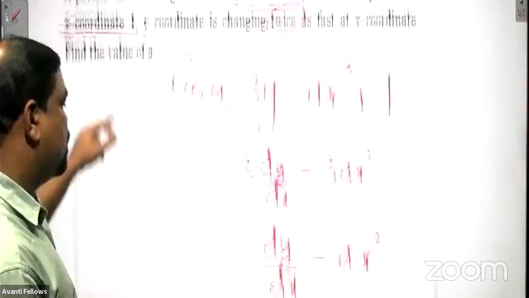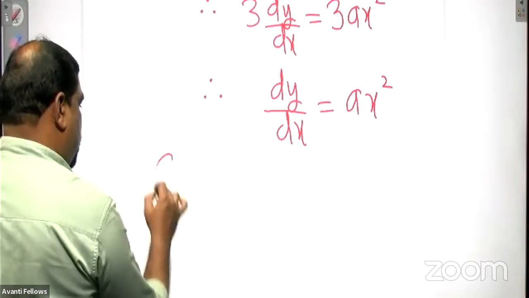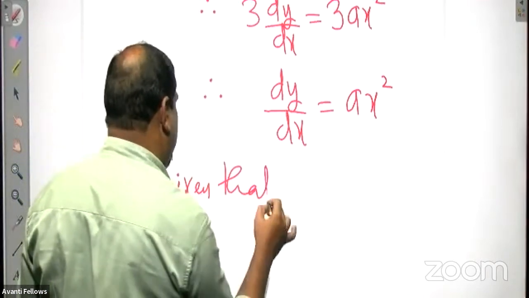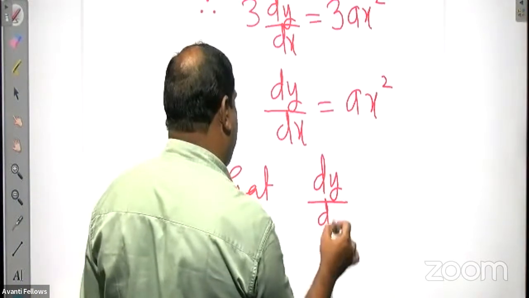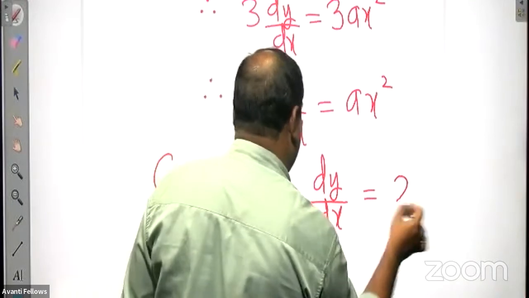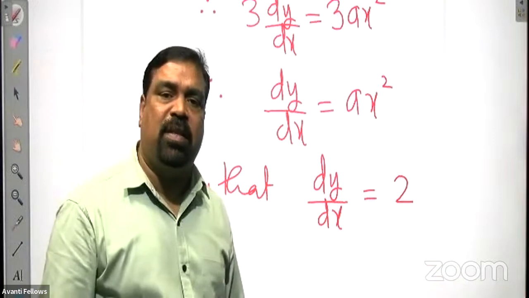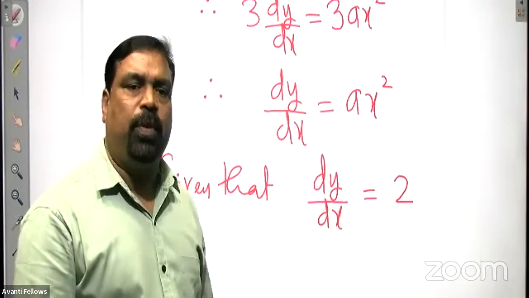So what is the meaning of that? Indirectly, it is given that the rate of change of y with respect to x is 2, meaning the value of dy by dx is equal to 2.